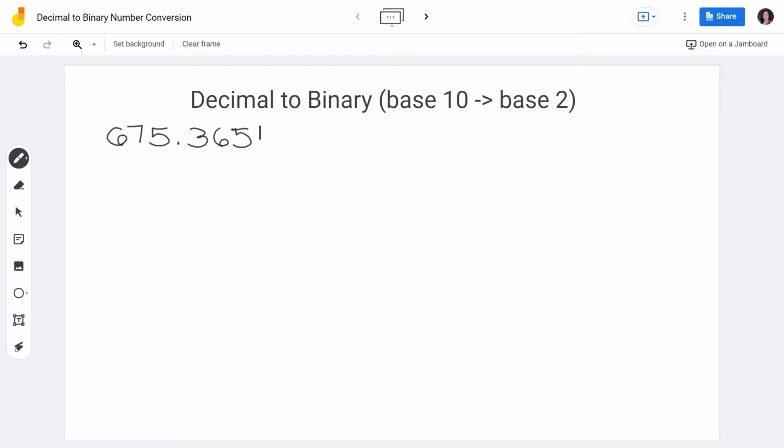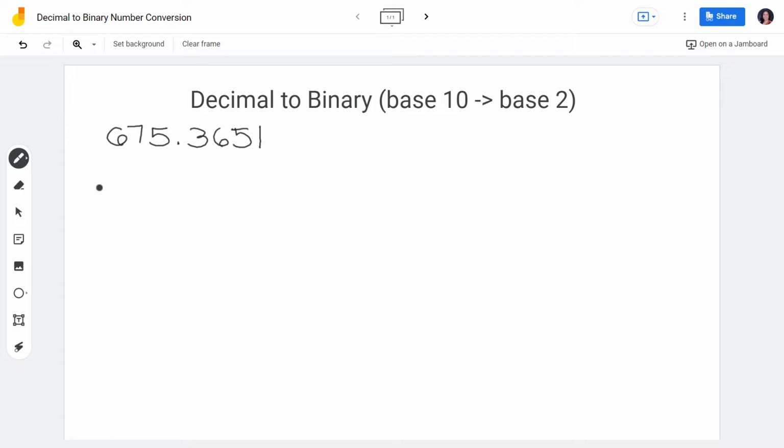675.3651. We can already omit base 10 because we already have decimal. So, how are we going to solve decimal to binary? In comparison with binary to decimal, in which you solve the integer part and the fraction part almost in one computation, for decimal to binary we have to separate our integer part and our fraction part.